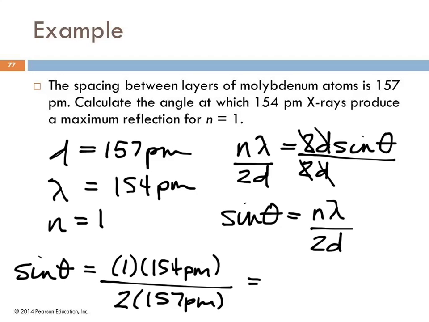And you definitely need a real calculator to do this. So 154 divided by 157 divided by 2 equals. So we get 0.4904456.